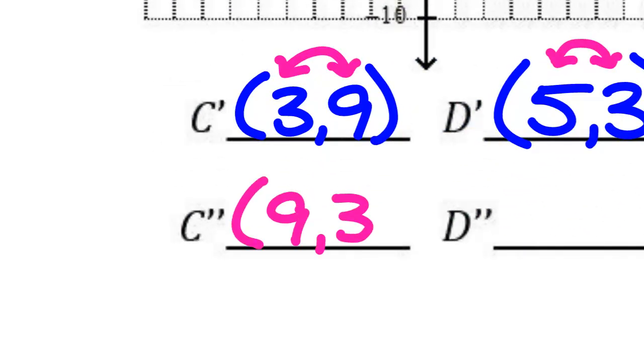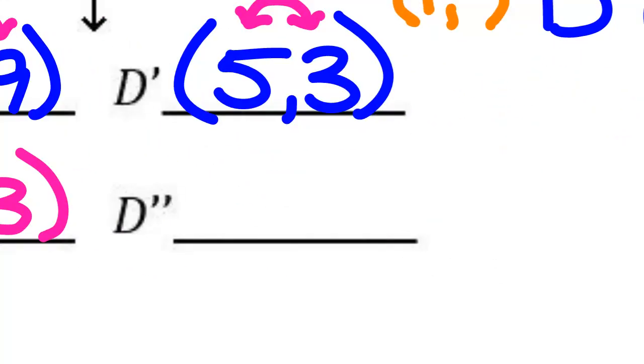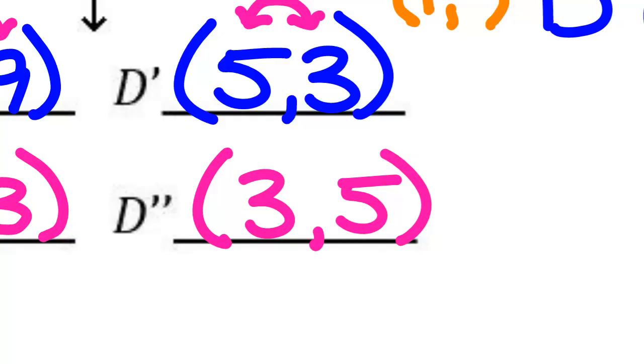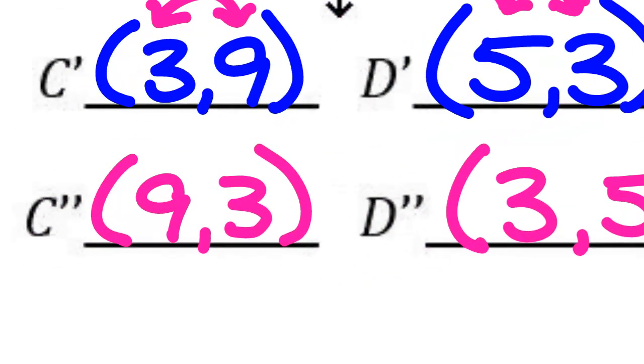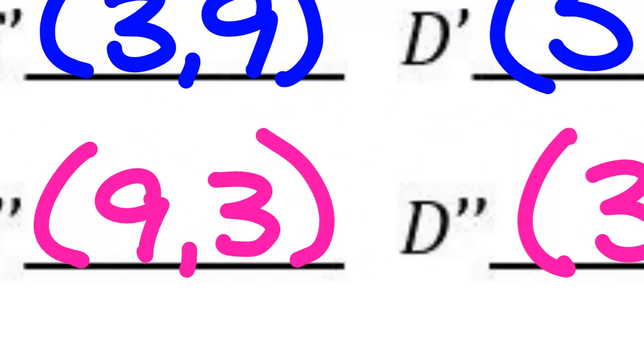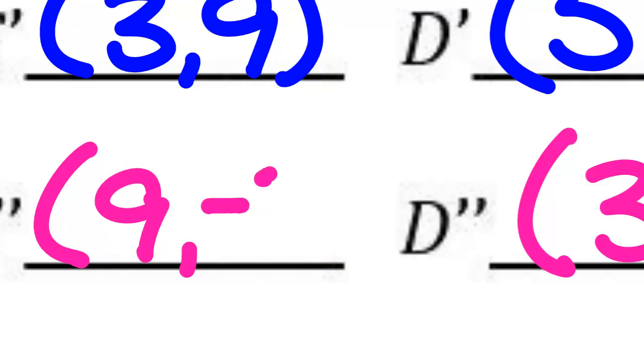9, 3 for C double prime. And 3, 5 for D double prime. But now I have to match my signs. I want the X's to be positive. Does that match right now? I want the Y's to be negative. Does that match? No. So I need to go in and make my Y's negative. So 9, negative 3.